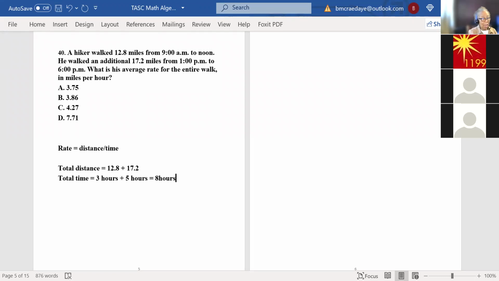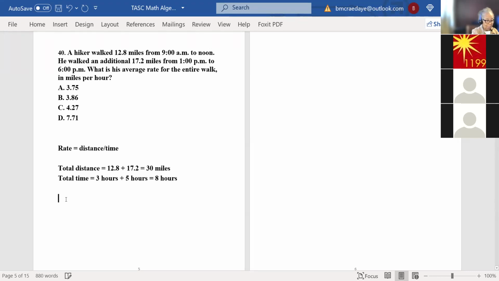And then add your distance. What did you get for your distance? 30. That's right. That's 30 miles. Now divide that by 8. And what do you get?